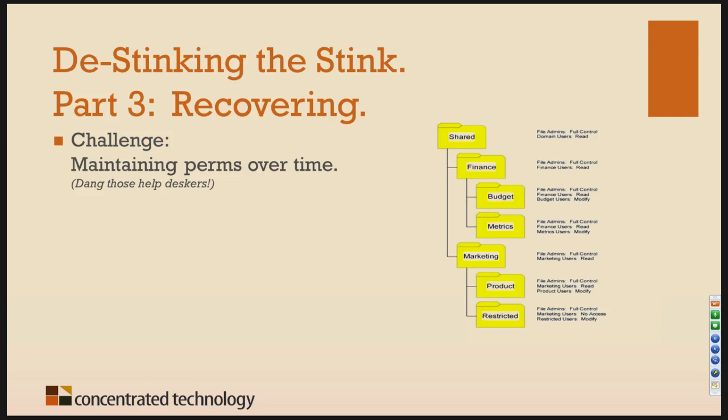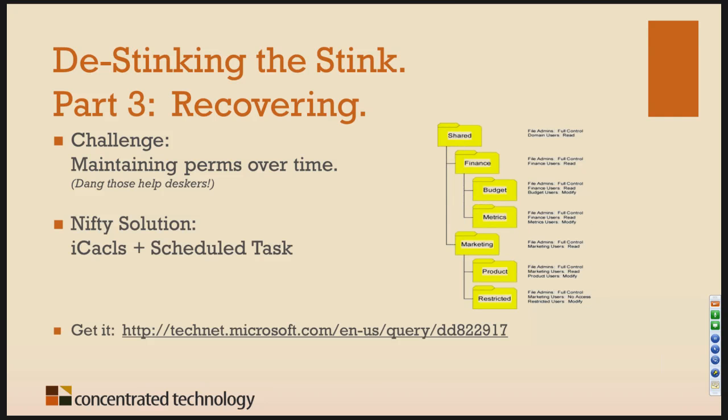Well, my solution at the time was, all right, I know now that iCACLS can do some nifty stuff. If I can figure out what the iCACLS strings are, why not take all of the permissioning items that comprise this folder structure, put them into a text file, and then run that text file as a scheduled task so that once a day it would simply override all the permissions.